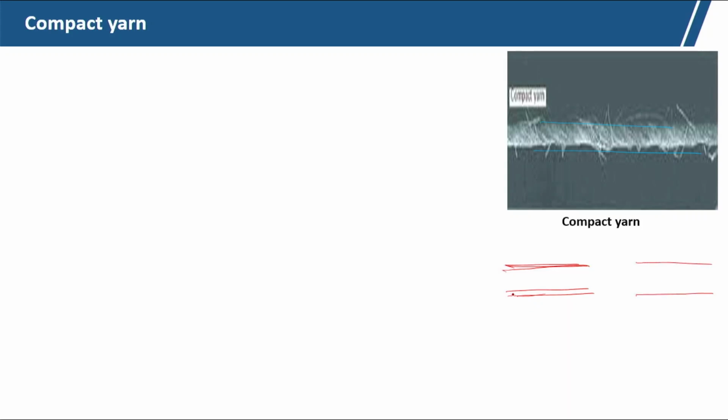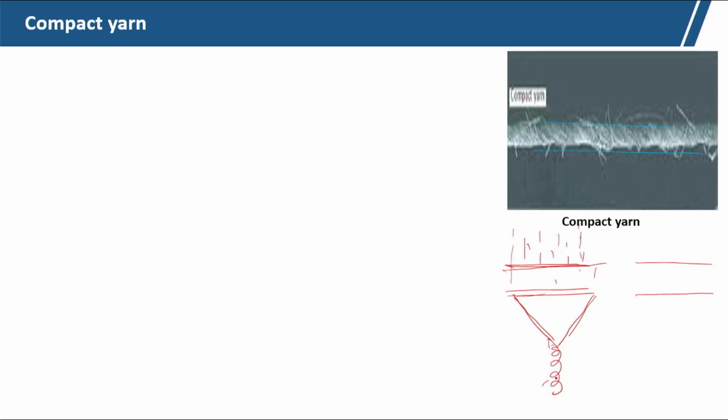If we see the normal ring spinning, the drafted fibers come from the back, the middle roller, and after that these fibers converge to form yarn.